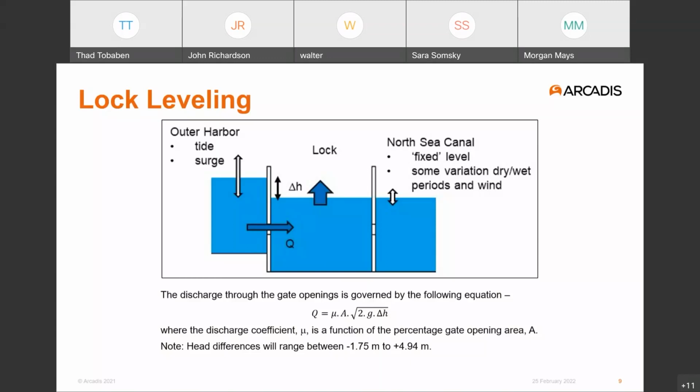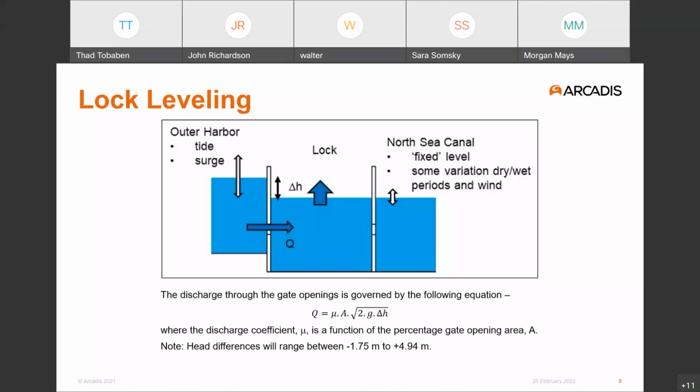One is wanting to understand how the gates should be actuated. In other words, there are 16 gates in each door, so what number of gates should be opened at what rate, and as those gates are opened, how does that affect the filling and draining time of the lock?